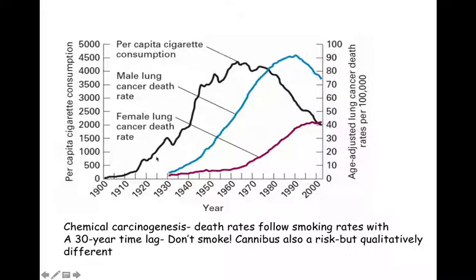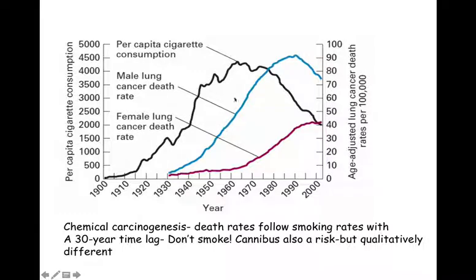If we look at the per capita cigarette consumption, it peaked in the mid-60s in the U.S., and about 30 years later, you get a peak in male deaths from lung cancer.